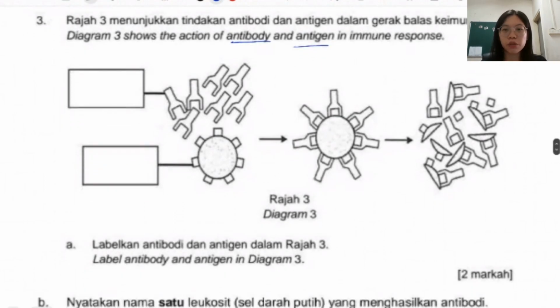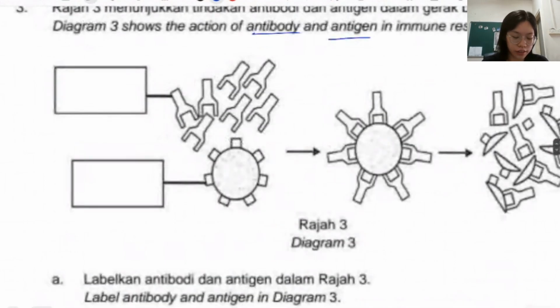So label antibody and antigen. Yeah, a lot of students get messed up between antibody and antigen. So antibody is actually the one that is shaped like Y. It looks like a Y-shaped one. Yeah. So these are actually the antibodies. And antigen is actually present on the cell surface membrane of the cell.